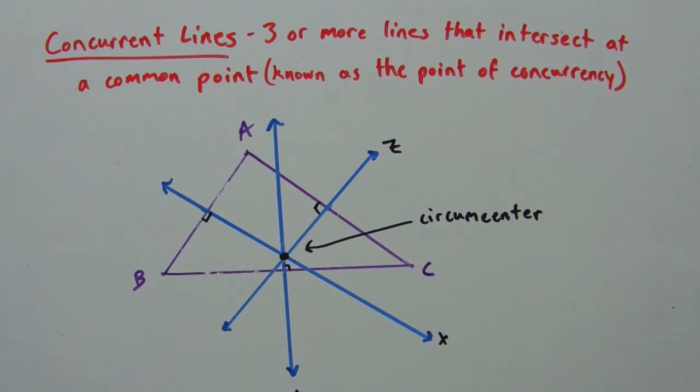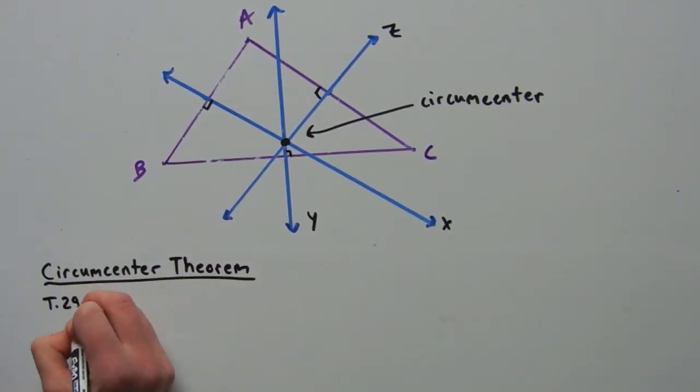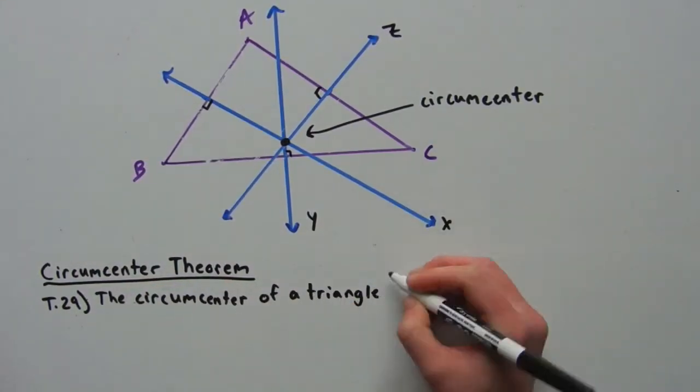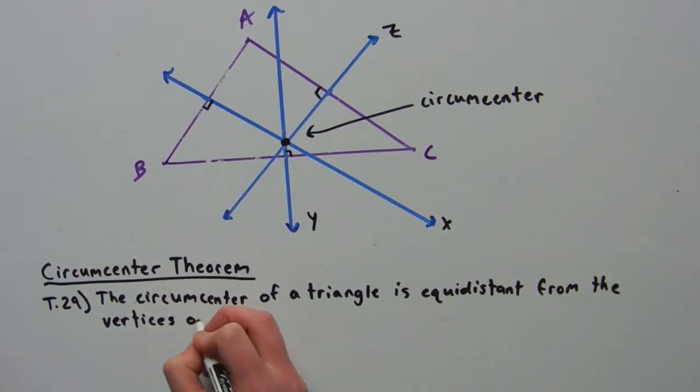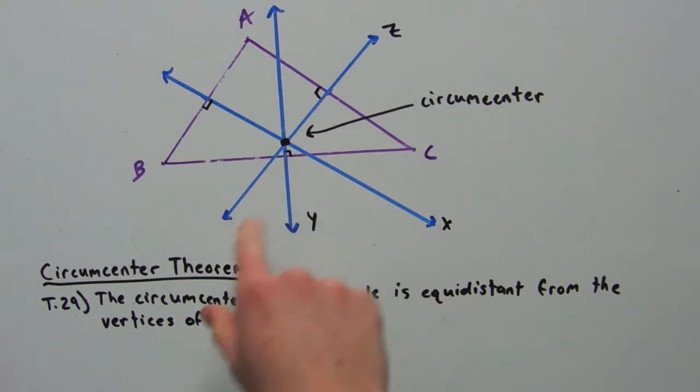And there is actually a theorem dealing with the circumcenter of a triangle. The Circumcenter Theorem, T29, says that the circumcenter of a triangle is equidistant from the vertices of the triangle. Let's think about what that's saying. Here we have our circumcenter.